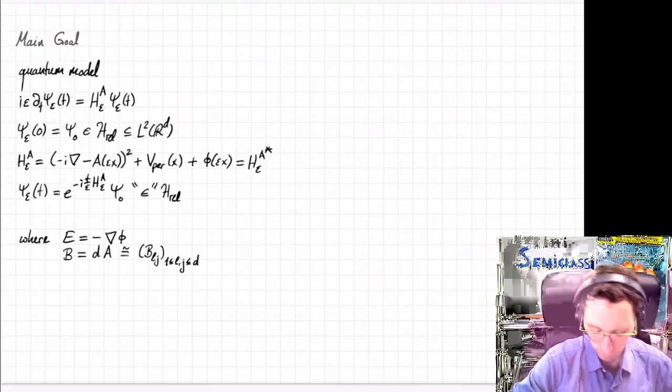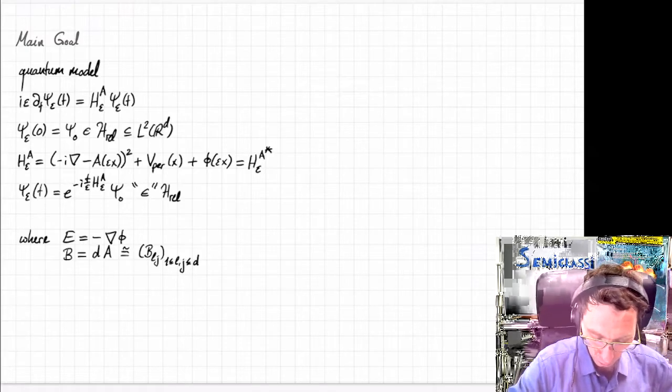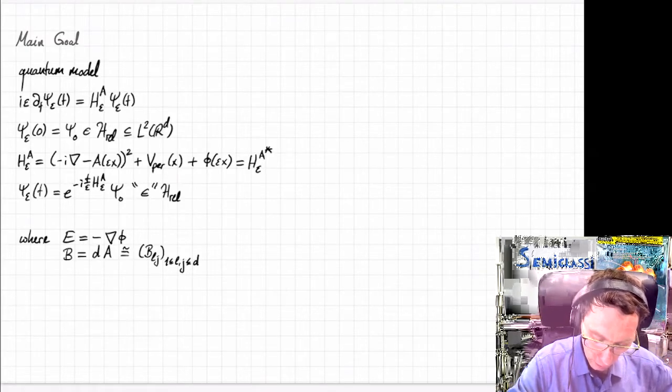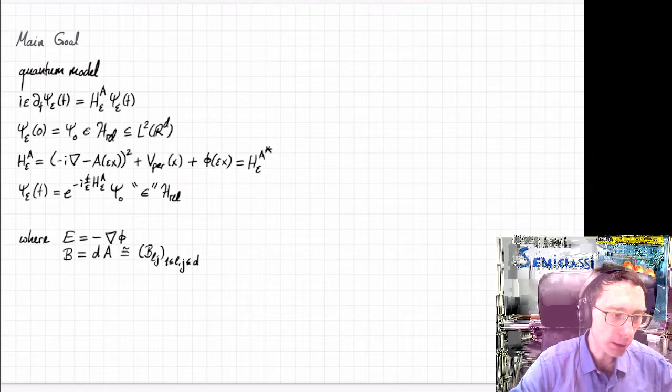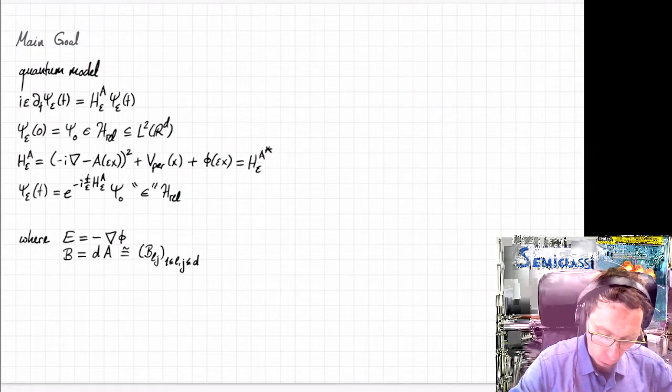And this will be useful to write down the right-hand side, the semi-classical equations, in a more compact way.